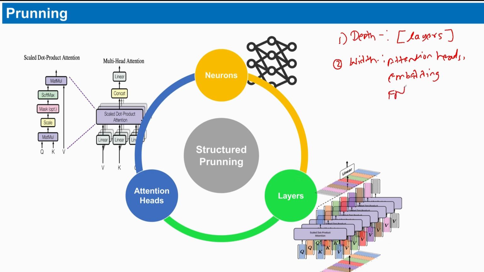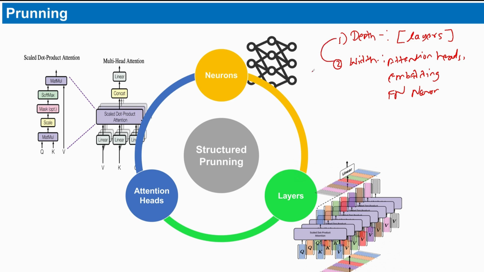So these kinds of internal components are pruned inside width pruning. In Llama 3.2 they used both of these.